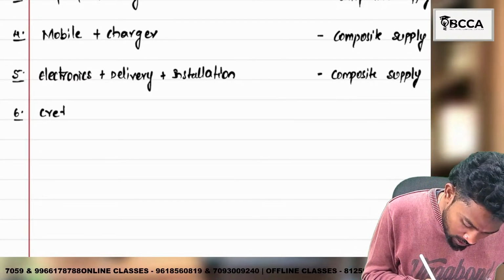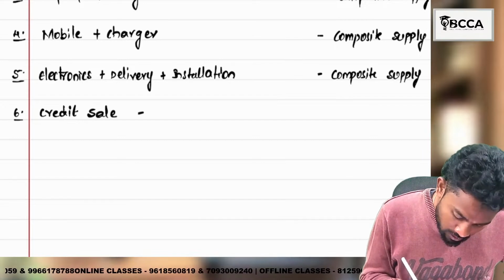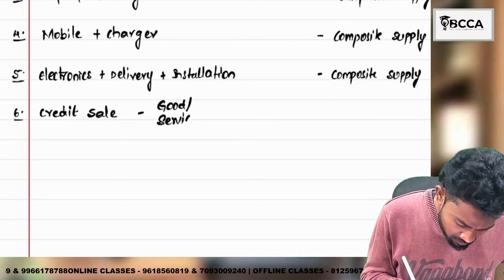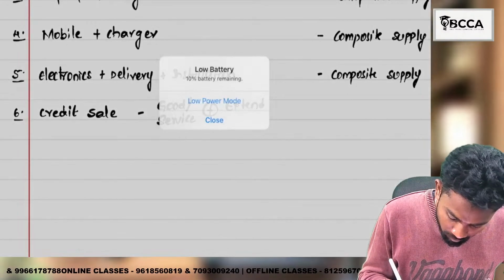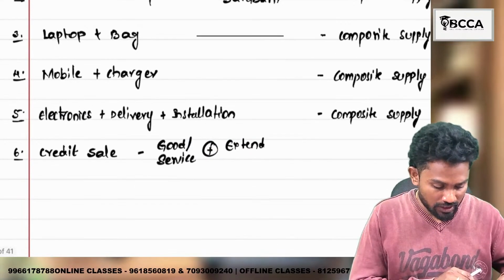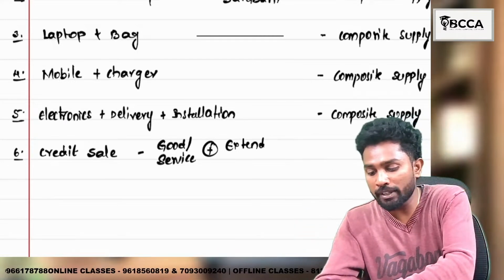Then there is something called credit sale. Credit sale, what? There is purchase of good or service plus extending credit. So this thing we already explained here, I mean before the declaratory agent topic I have explained that one.